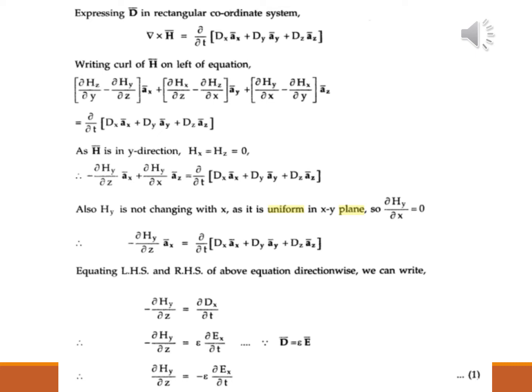And Dx is written as epsilon into E, that is Ex, because the electric field exists only in the x direction. So that is how I get the equation numbered as equation 1: dou Hy by dou z is equal to minus epsilon dou Ex by dou t. I hope till here the derivation is clear.